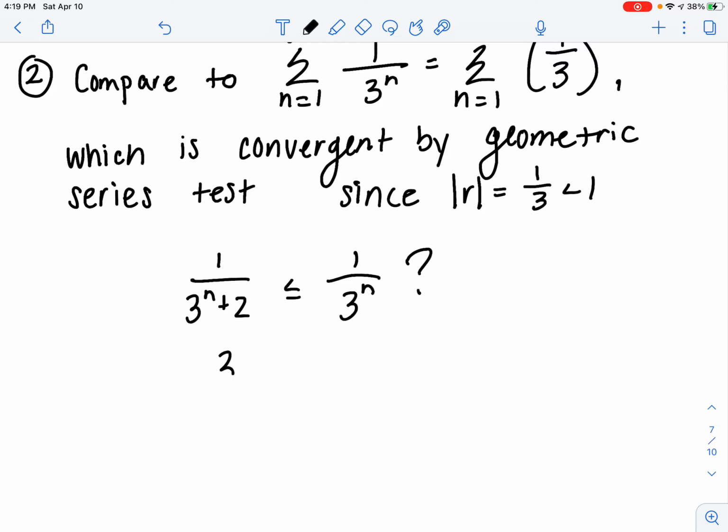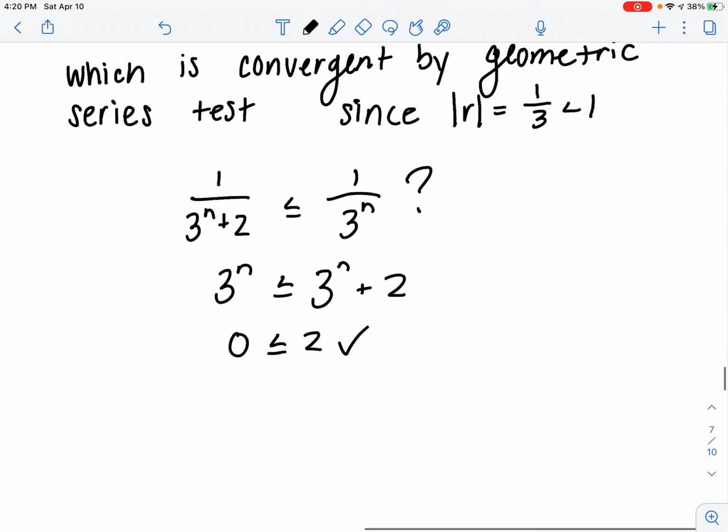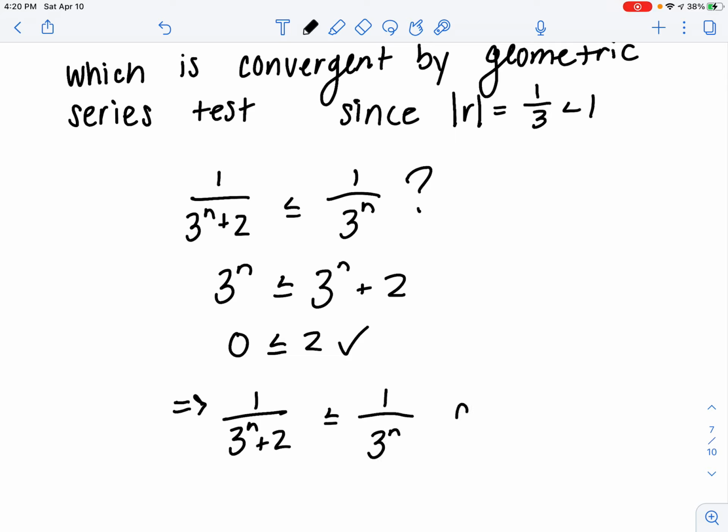Again, we cross multiply, so 3 to the n less than or equal to 3 to the n plus 2. 0 is always less than or equal to 2, that's true. So we can say therefore, 1 over 3 to the n plus 2 is always less than or equal to 1 over 3 to the n, for all n greater than or equal to 1, because that's our domain. We have to state that that inequality is true.